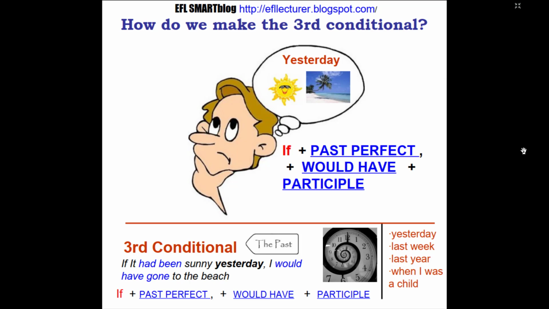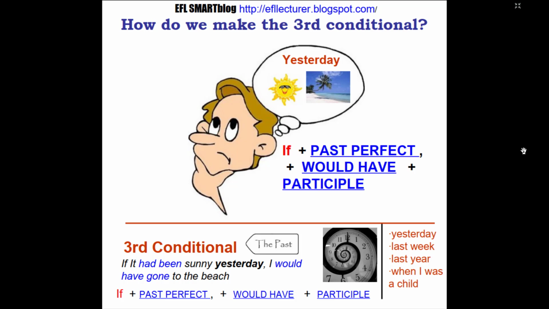The structure, I think you have it clear enough because it is similar to the structure of the second conditional, but with some added elements. For instance, you will have the condition: if plus the past perfect, instead of the past simple in the second conditional.